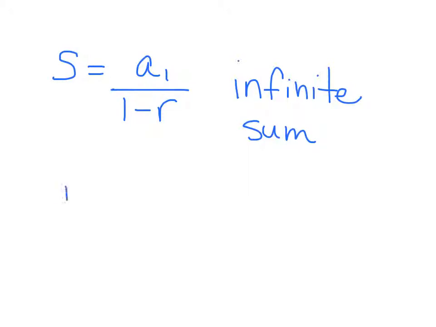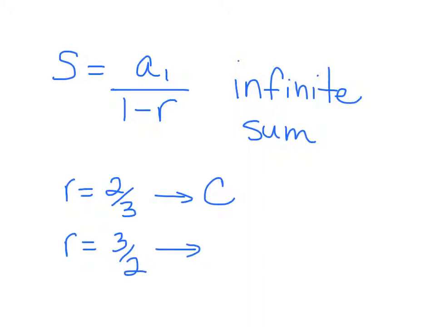So if your r ended up being 2/3, you have a converging series. Now, if you ended up having an r that was 3/2, you would have a diverging series because your r is bigger than 1. Okay, even if this last one right here was a -3/2, it's less than -1, so it would be diverging.